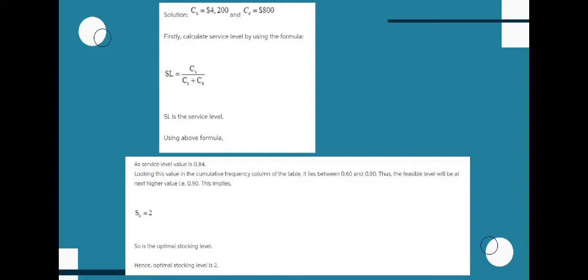So 0.84 is close to 0.90, and in this step we should follow the next higher value, which is 0.90. So the optimal number of spare parts is 2. The optimal stocking level is 2.